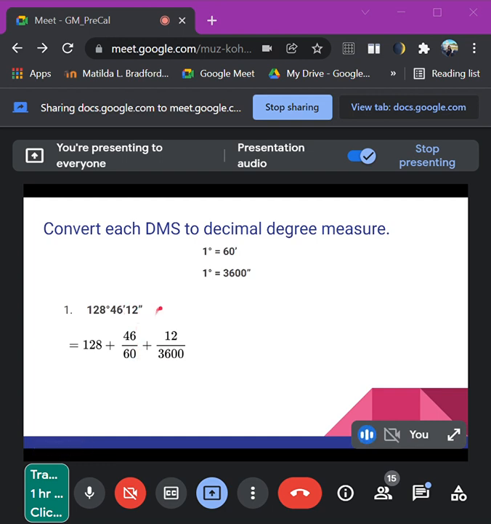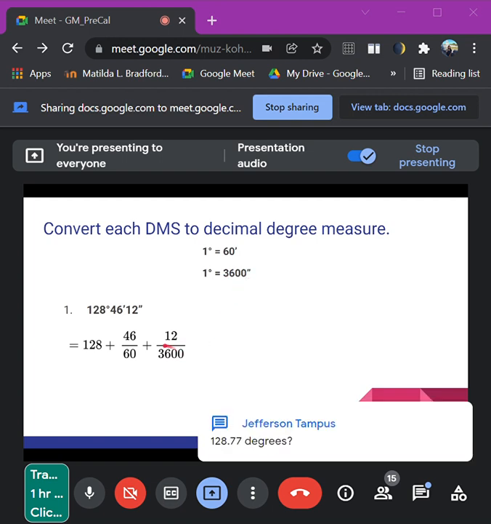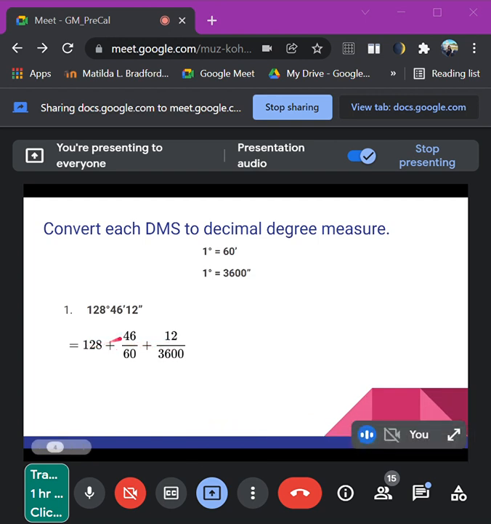And for your seconds, that is 12 over 3,600, because 1 degree is equivalent to 3,600 seconds. Then you simplify this. What is 46 over 60, plus 12 over 3,600? That is 128.77 degrees.